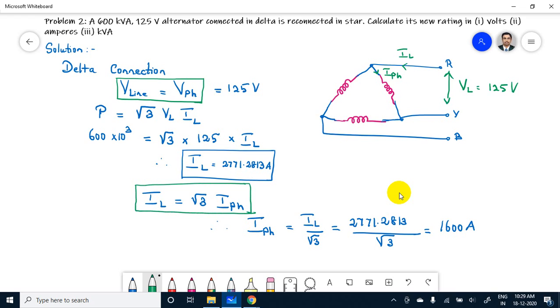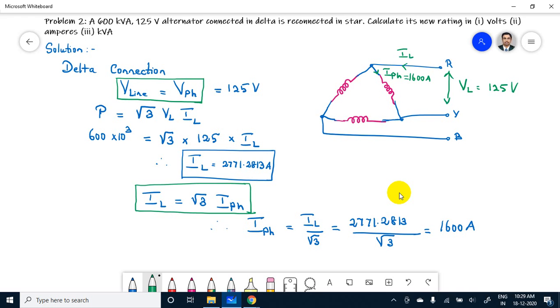You are having the power and the voltage they are applying to the machine in delta connection. When they are measuring it, at that time they are calculating the phase current, 1600 ampere. Now the same delta connection, they are going to reconnect to star.